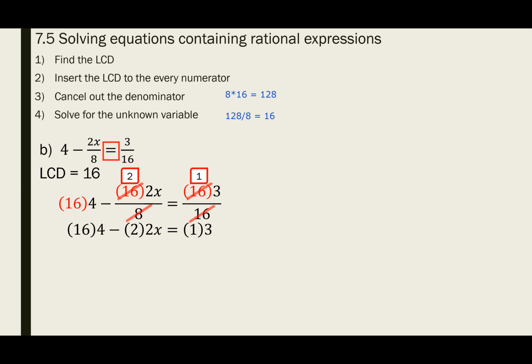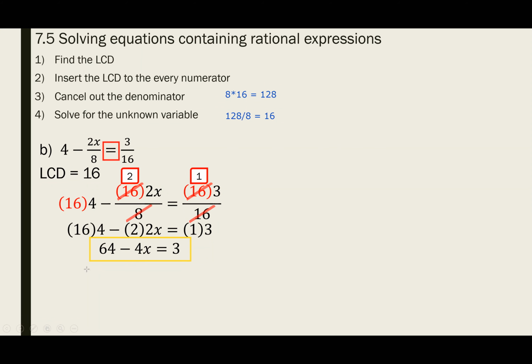And if I get rid of the denominator, everybody see that 4 times 16 is 64, 2 times 2 is 4, and 3 times 1 is 3. And this is our problem. This we can do, hopefully, by solving for x. How do I solve for x?